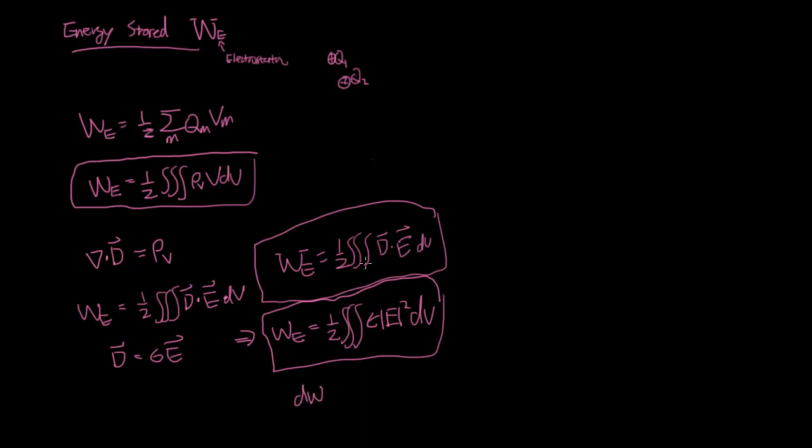So if you wanted to find this in just a very small piece of volume, then that would simply be removing this integral. So the energy density in a given location would simply be 1/2 D dot E, or 1/2 epsilon E squared. So these are some key equations to keep in mind.